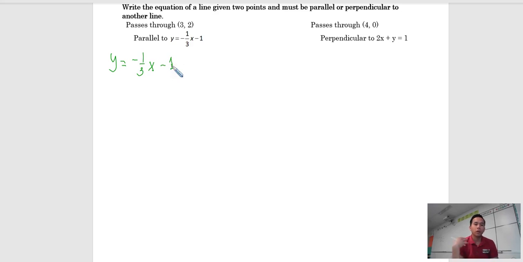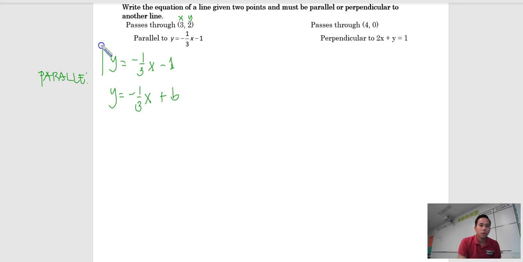Okay, so what we are going to do is write an equation of a line that is parallel first. So we start with parallel. I need this point, this is x and this is y. So I have to put y is equal to negative 1/3 x plus b.